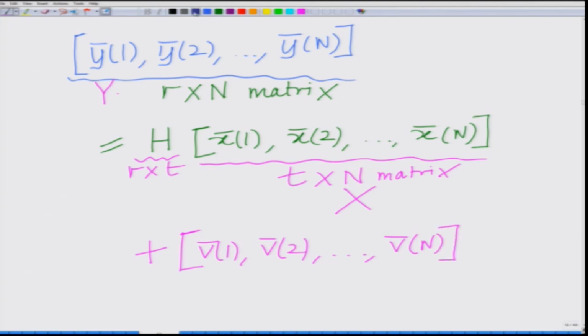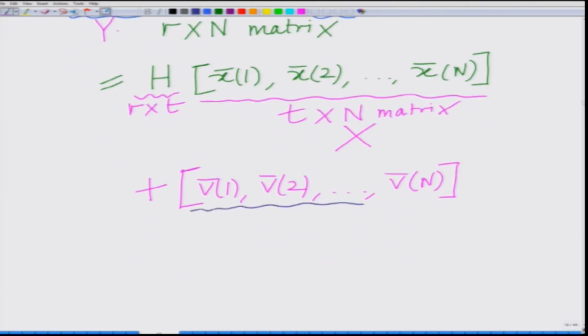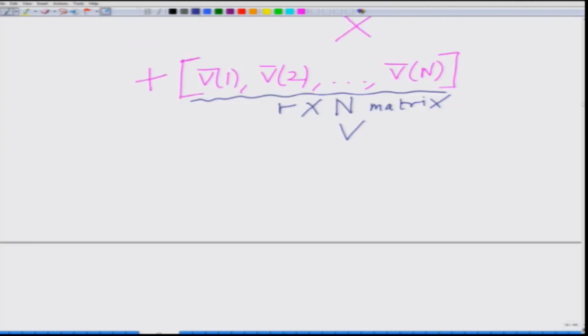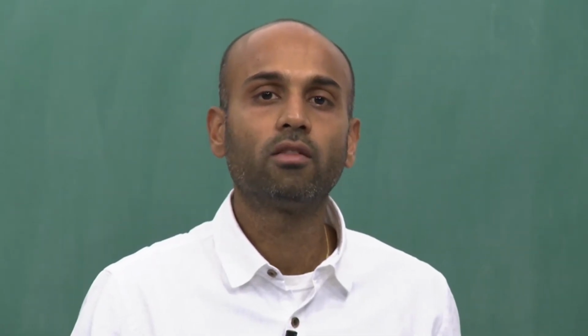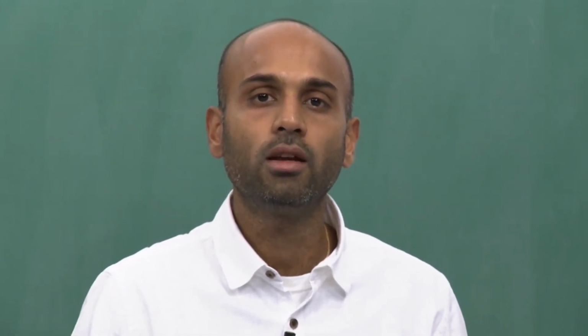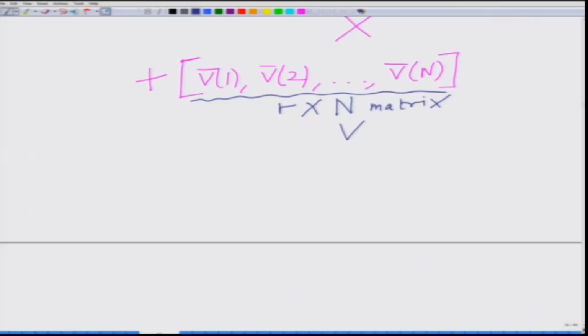This consists of n vectors which are R dimensional, so this is an R cross n matrix again, and let us call this V. And therefore, after we concatenate these n transmitted pilot vectors and the corresponding n received output vectors y bar 1, y bar 2, y bar n, corresponding to the transmitted pilot vectors x bar 1, x bar 2, x bar n, I can write the system model as Y equals HX plus V, correct.